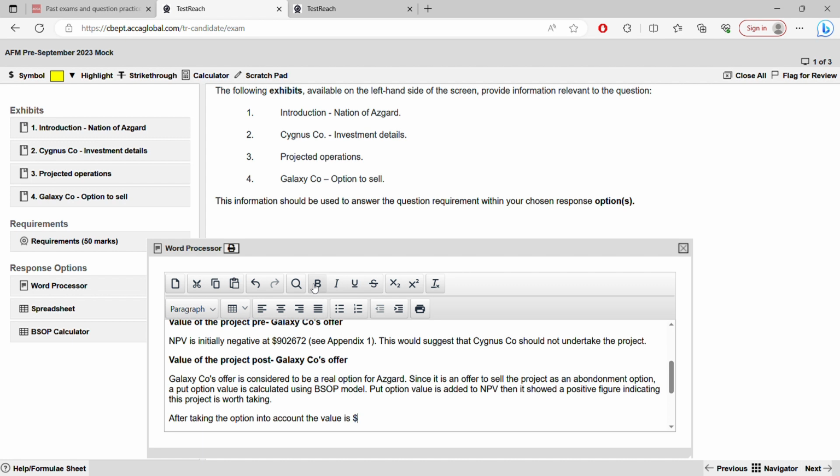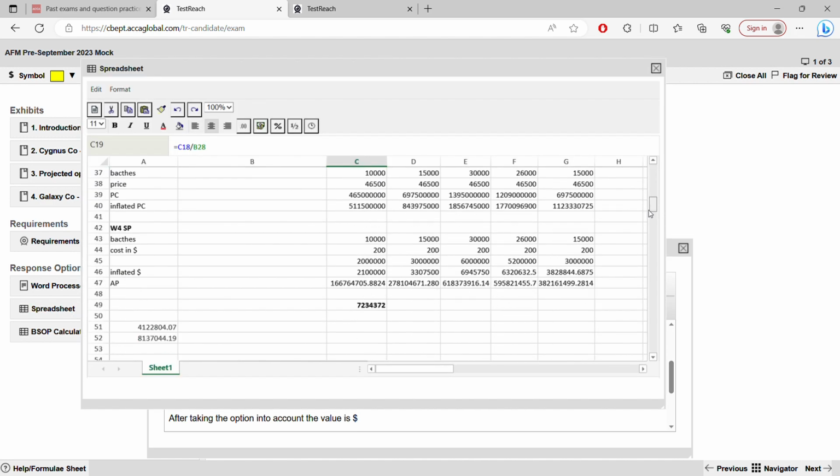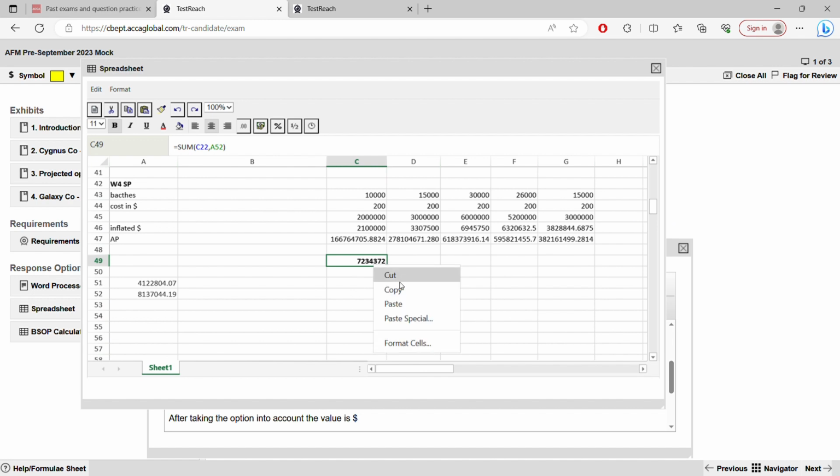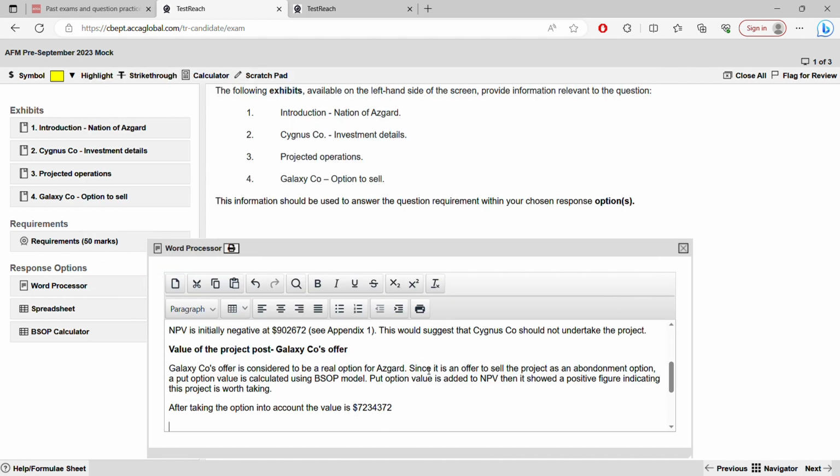I'll go to my Excel spreadsheet, go down, copy and paste. Okay, done. Always put the number. So after taking the option into account, the value is this much. Now what am I going to write? See appendix 2. That's why in appendix 2 put this value.